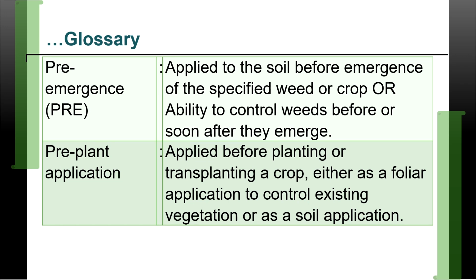Means they are generally applied before the emergence or germination of the crop or weed. Pre-plant application, applied before planting or before sowing or before transplanting of a crop, either as a foliar application to control existing vegetation or as a soil application. Generally pre-plant application happens in the case of fluchloralin also.